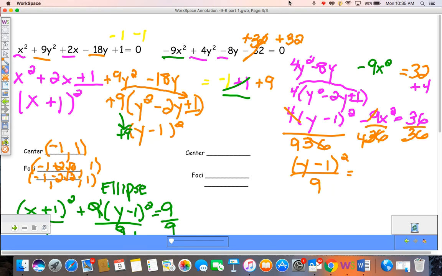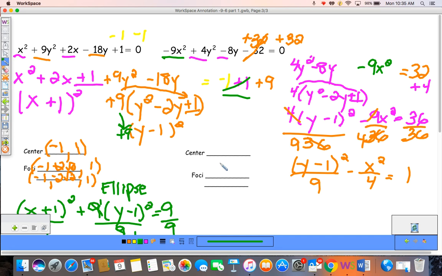This is supposed to be negative. Oh, let's see if I can erase that. There we go. So this is just x squared over 4, and then 36 divided by 36 is 1. Okay, guys, so there's my standard form.